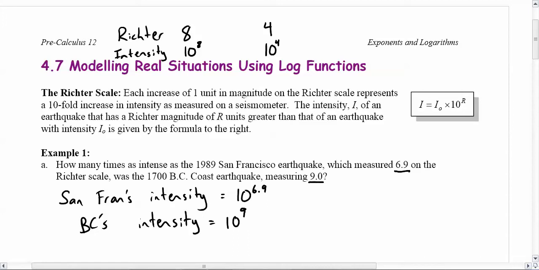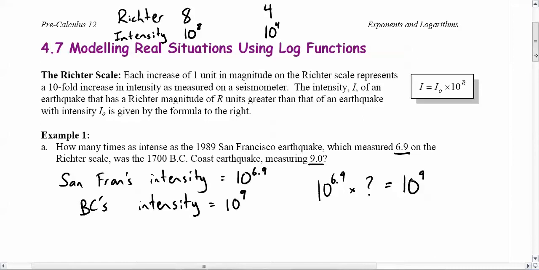So if you want to find out how many times bigger, that means we want to know San Fran times how much would give BC's. To solve for how many times bigger it is, we can just take the intensity of BC divided by the intensity of San Fran.